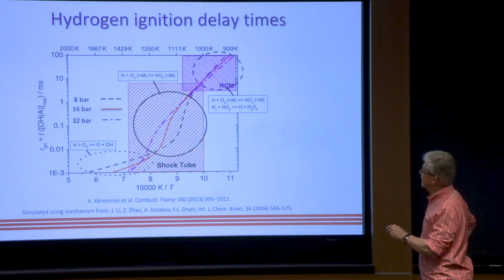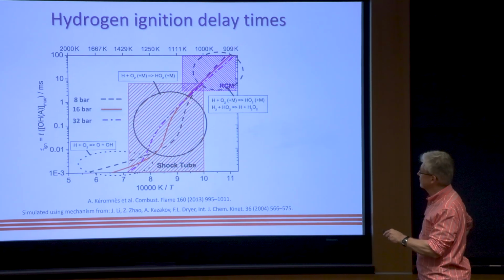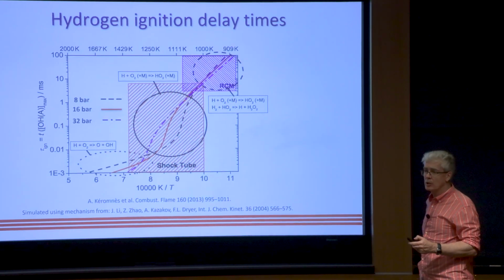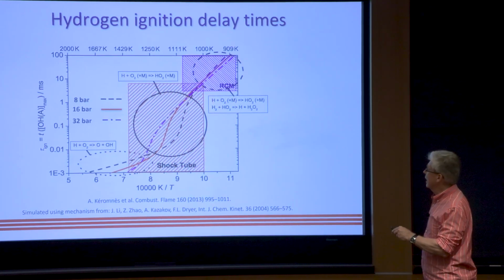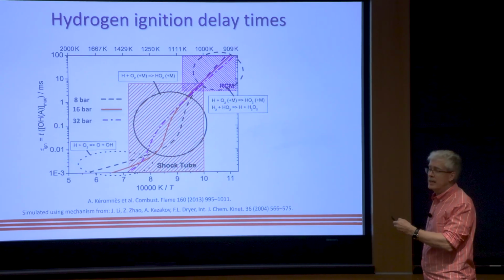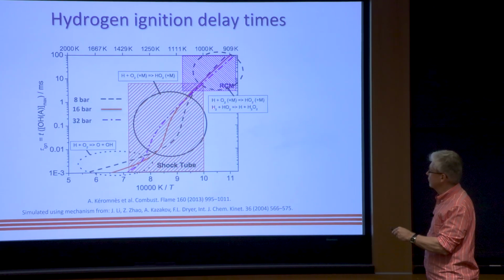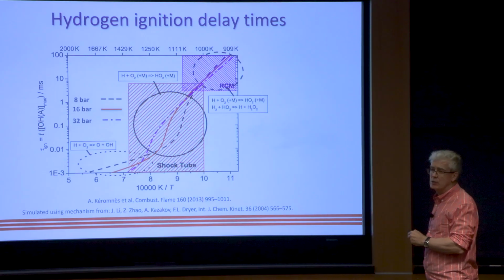And what we see is that at low temperature conditions, the higher pressure is faster than the intermediate, and the lowest pressure is slowest to react. Why? Because at low temperature, H plus O2 plus M gives HO2 plus M. That's sort of linear happening. And then the HO2 that's produced abstracts a hydrogen atom from the fuel to give H atom and H2O2.